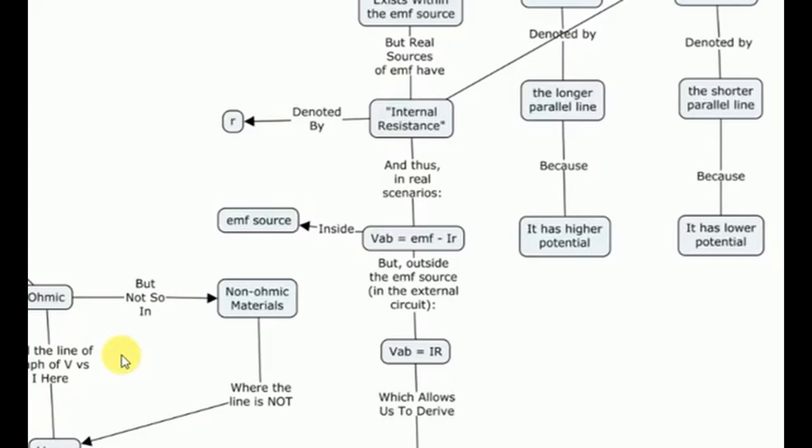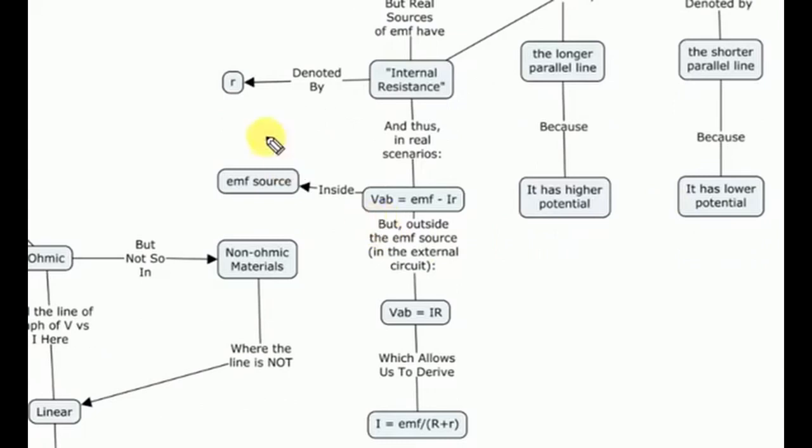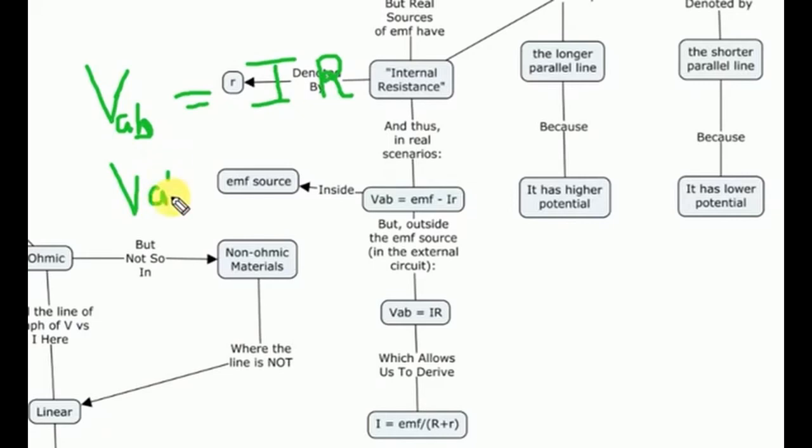Now the fact that the terminal voltage is equal to I times capital R, the current times the external resistance, and the fact that the terminal voltage in relation to the EMF is equal to the EMF minus the current times the internal resistance, allows us to create an equation for I. And this equation is the following.